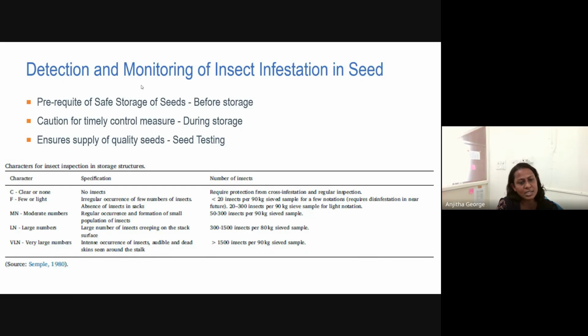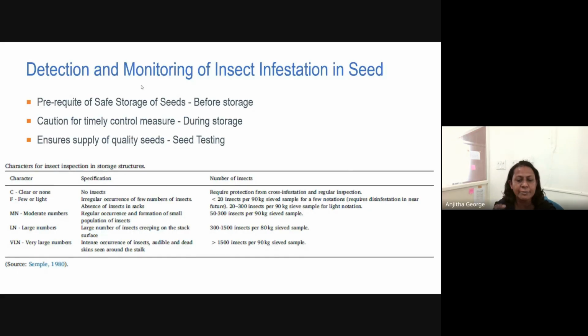So this table shows, when you are taking seed samples for checking whether insect pest infestation is there or not, the category. I think you all know this. If there are no insect stages, we will write C, meaning clear. If it is less than 20 insects per 90 kg, we'll mention few or light infestation.